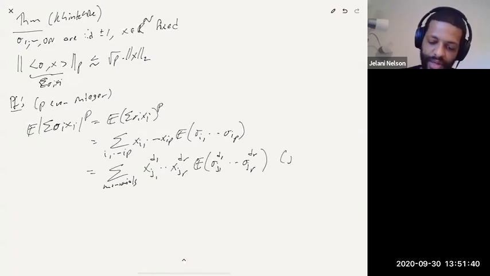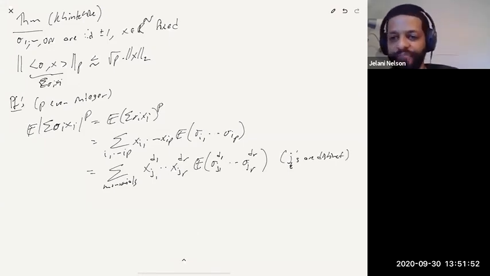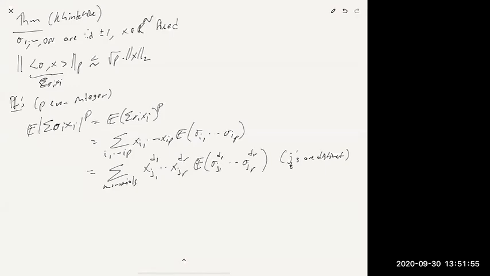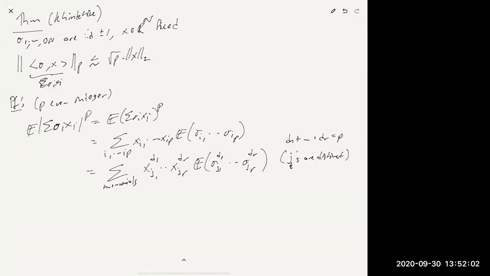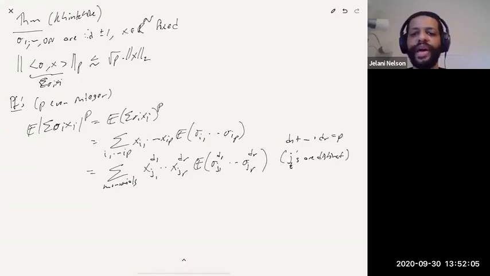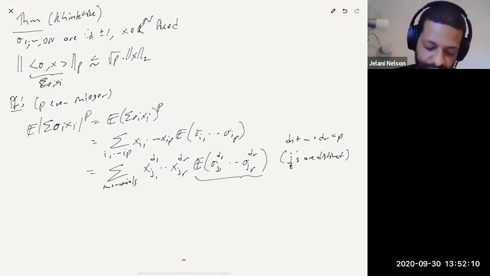Here the jt are distinct, because I grouped the i's that were the same. So d1 plus up to dr is equal to p. Now the thing to observe is this: by independence, this expectation is the product over t of the expectation of sigma jt to the dt.